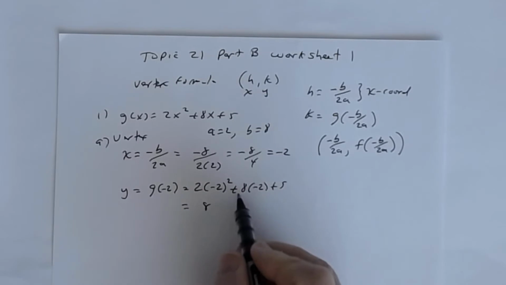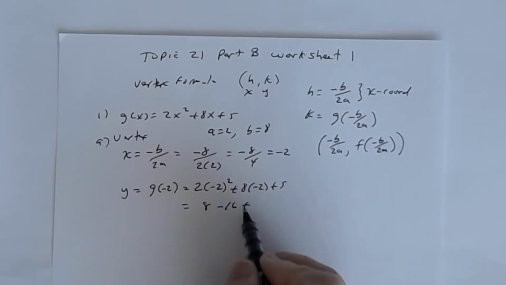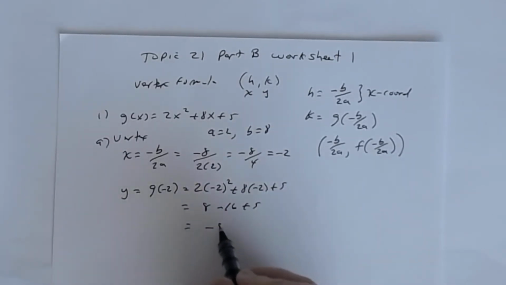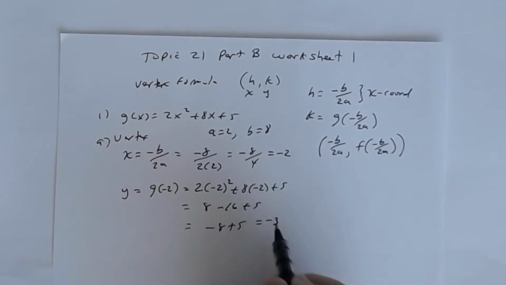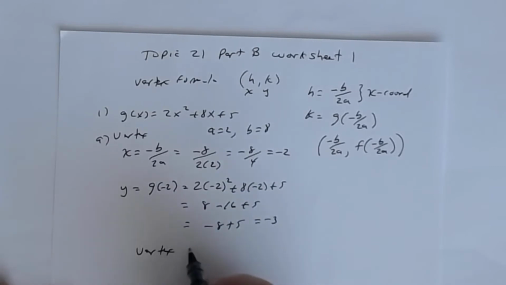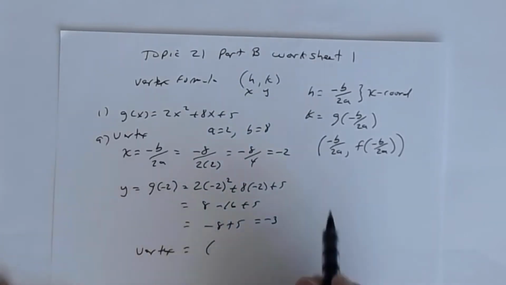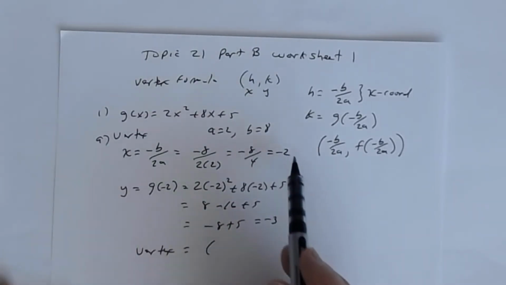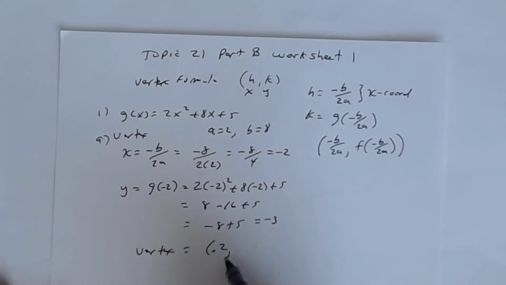And then 8 times negative 2 is negative 16, plus 5. So this becomes negative 8 plus 5, which is negative 3. Therefore the vertex will equal (x, y), so it's negative 2, comma, negative 3. So that's your vertex, okay?